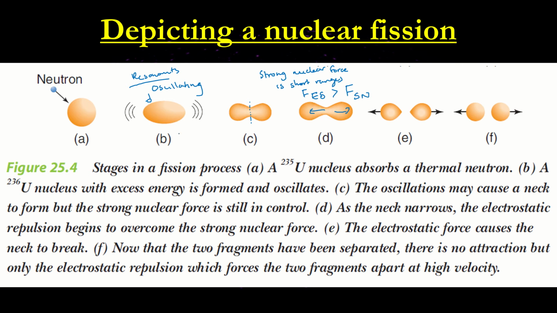In this scenario here, our strong nuclear force is way more powerful than our electrostatic force. As soon as that flips, the protons will repel the other components away, and then we get the broken parts of that nucleus, which are the fragments of the nuclear fission reaction.